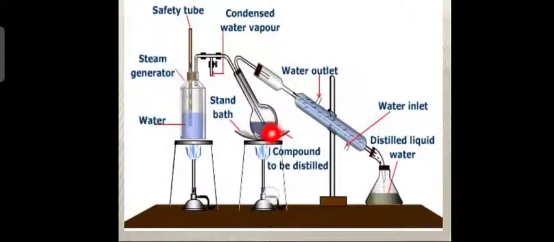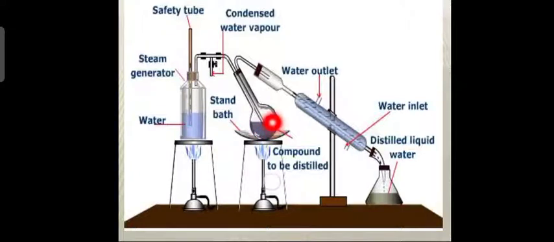In this round bottom flask, we have the impure liquid or compound which is to be distilled. The impure organic mixture is placed here, and this round bottom flask is kept on a sand bath for strong heating. Since the steam is made to pass through this, it is made to bubble.